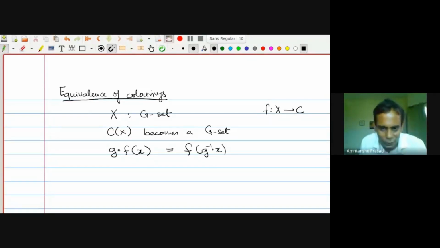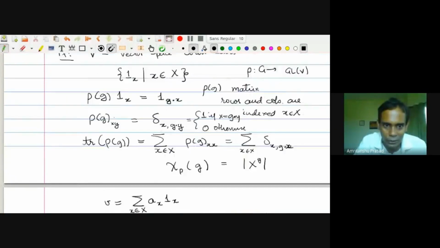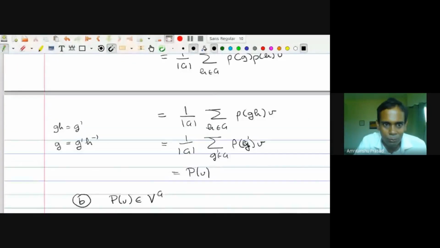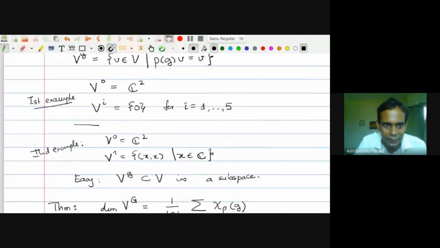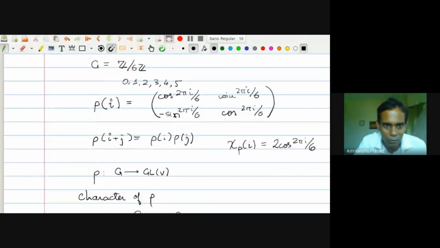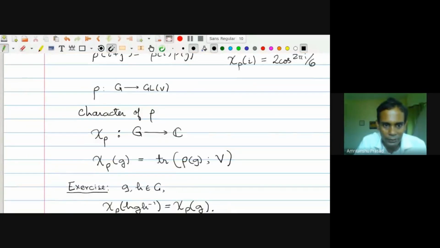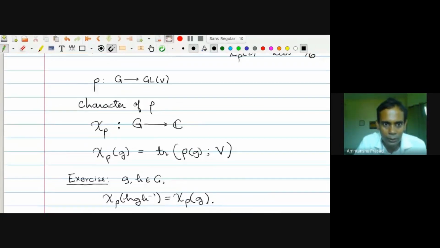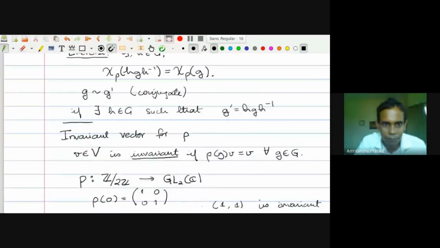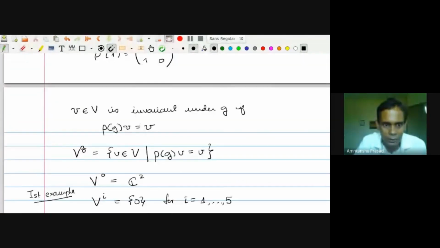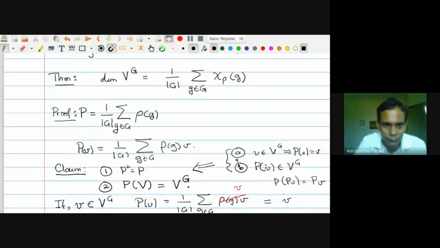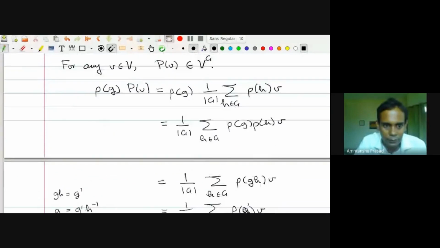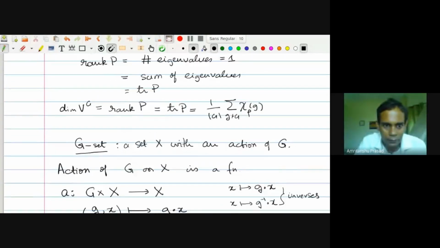So this inverse unfortunately comes in and makes life very difficult. But what you should try to do as an exercise is to prove that what I've defined there satisfies these 2 axioms of group action. Yeah, here.